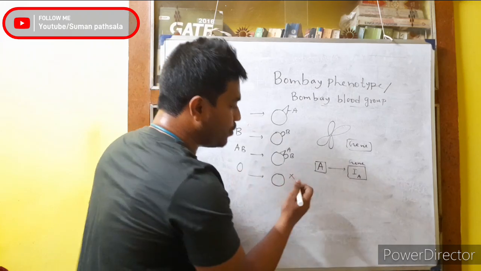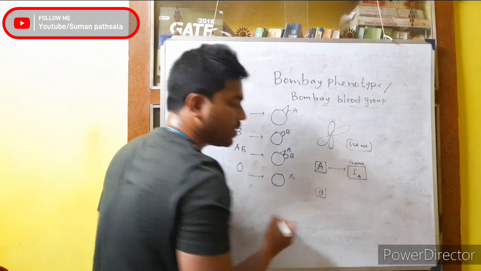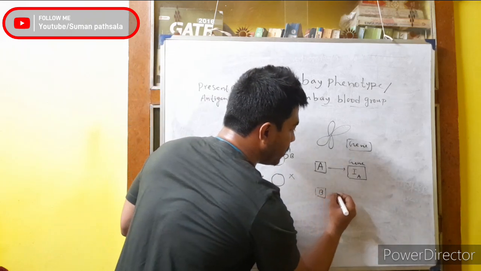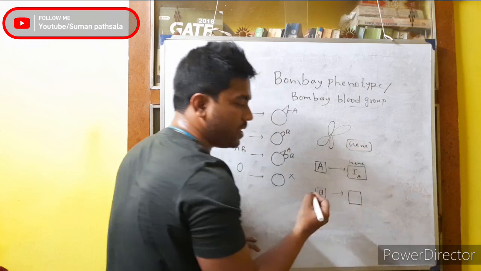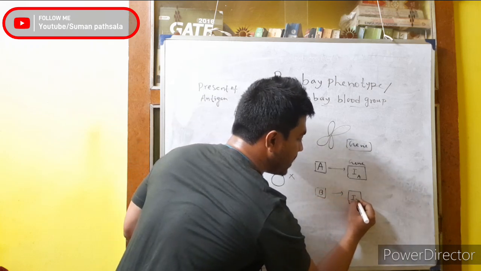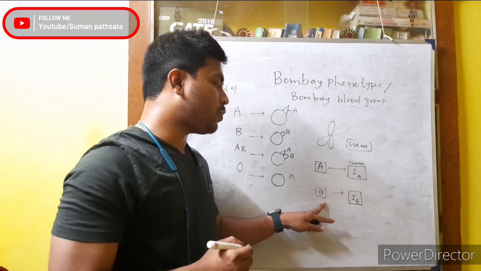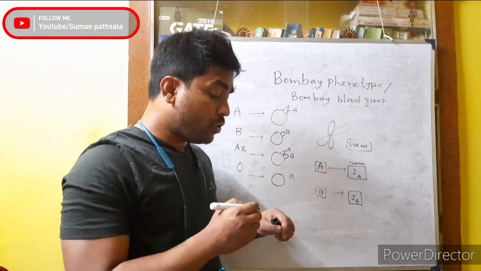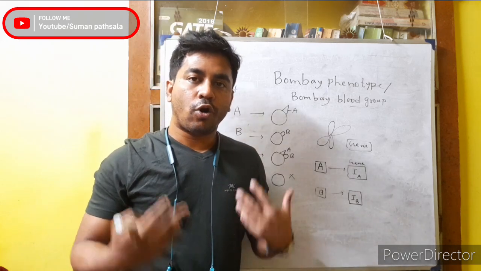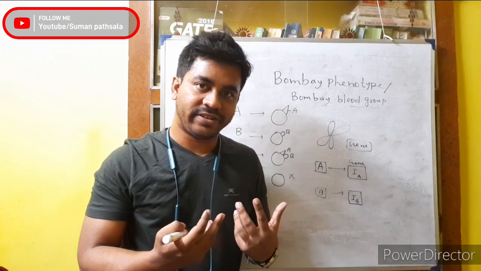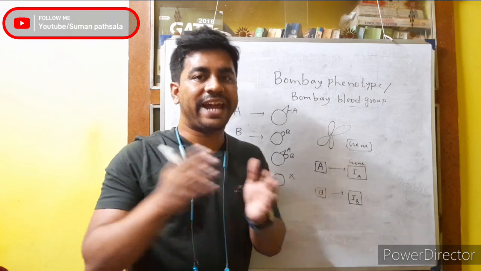In the same way, your blood group may be B. Here there is also a gene present in the cells of your body, that I write here as the IB gene. If the gene is expressed, then your blood group will be B. You all know that all the characters of our body we get from our parents, father and mother.